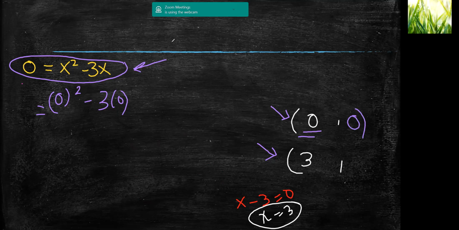The second one now: let's replace x with 3. We have 3 squared minus 3 times 3. 3 squared is 9, minus 3 times 3 is 9, so 9 minus 9 is 0. I have 0 also.